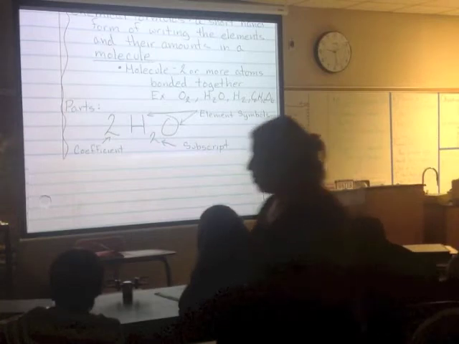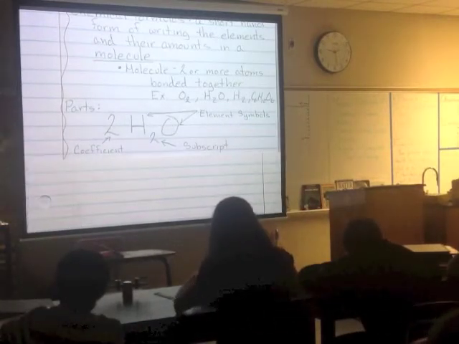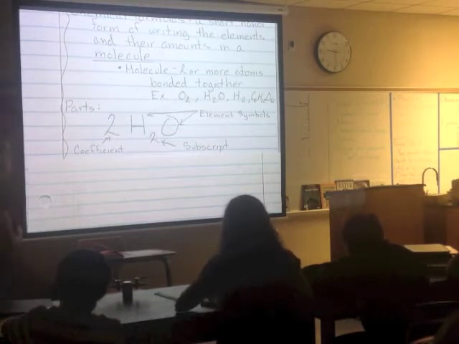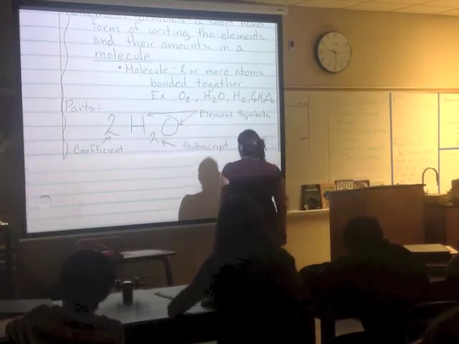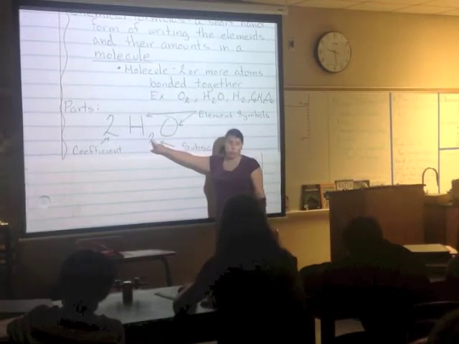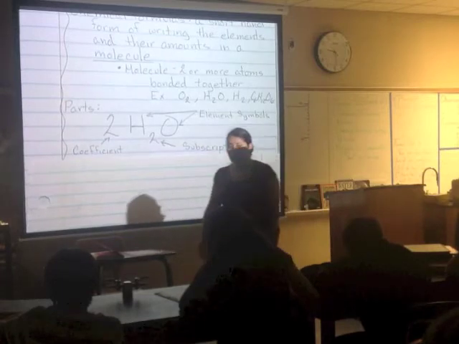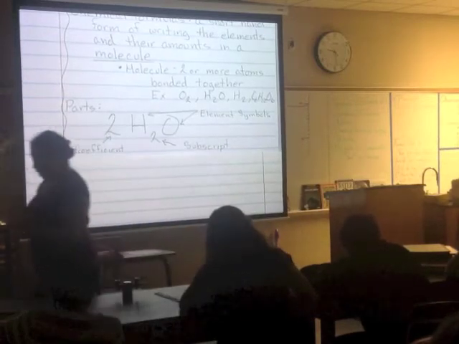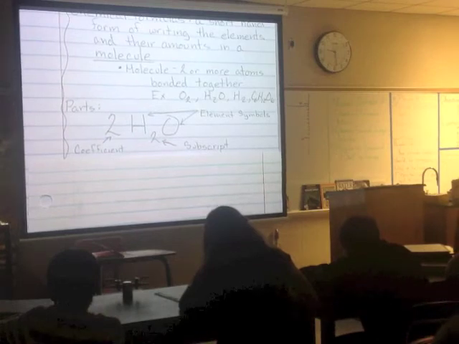The chemical formula also has the symbols for the elements that are within that compound. And then sometimes, not always, you have little numbers behind letters which are considered subscripts. So in a chemical formula you can have coefficients, you can have subscripts, and you will have element symbols.